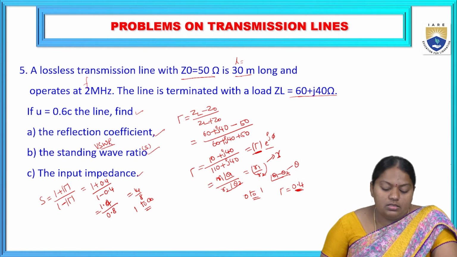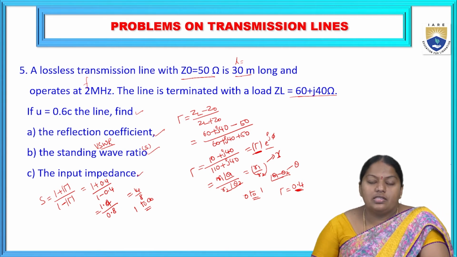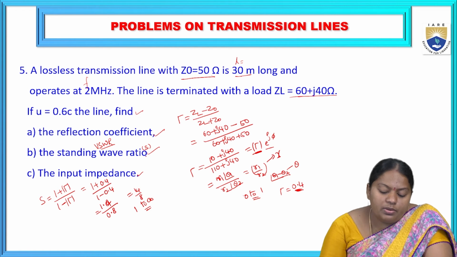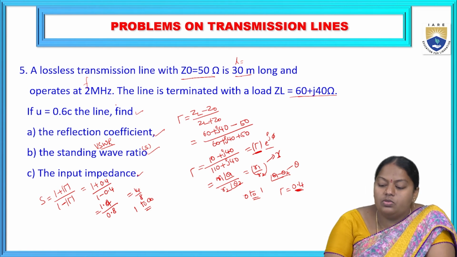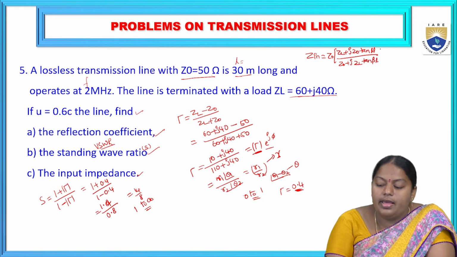Okay. Next, in order to find the input impedance of a transmission line, we use the formula Zin is equal to Z0 into (ZL plus j Z0 tan beta L) by (Z0 plus j ZL tan beta L).